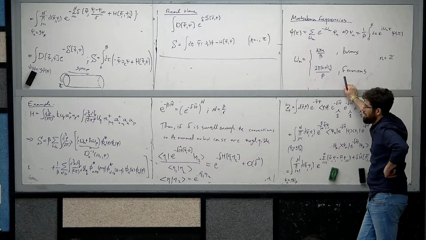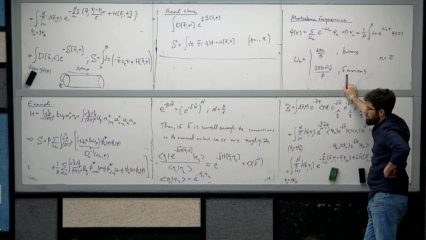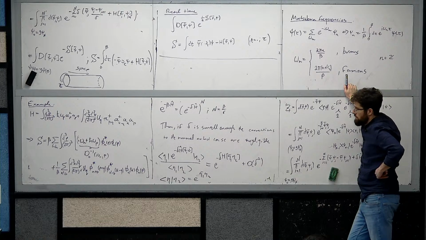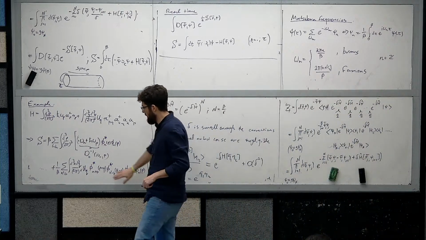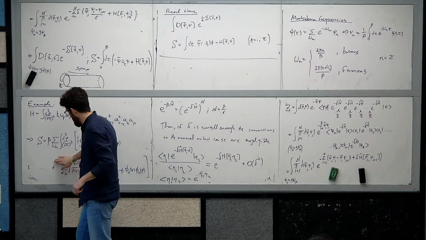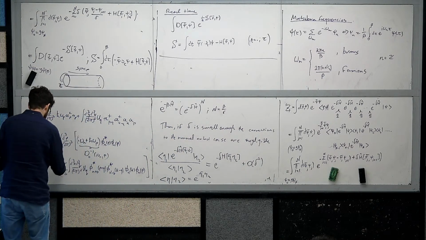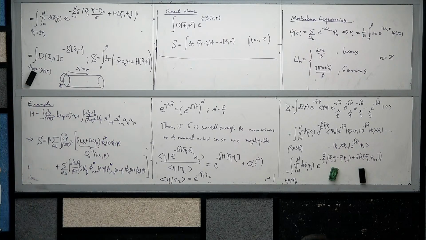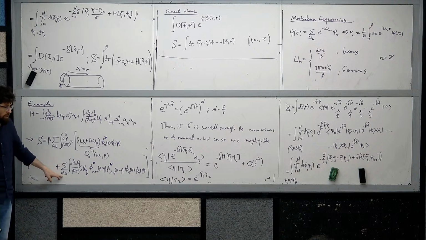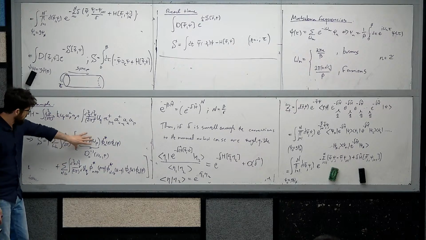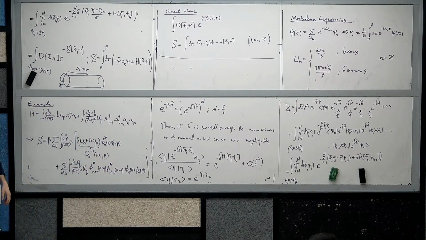The integral gives a beta. Yeah, each integral gives a beta. So maybe it's just beta times the whole thing, right? Yeah, it's like this, I think. Because you see, this sum doesn't have any units. So this object has the same units as that.